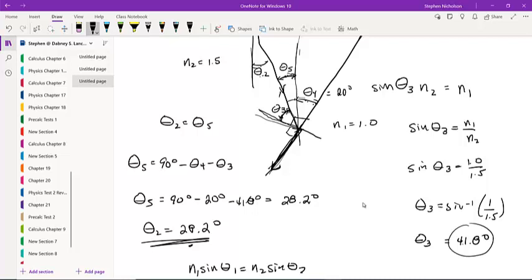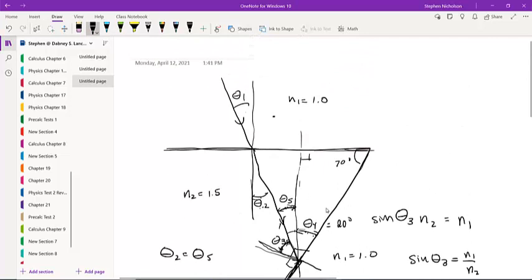So what's going to make this thing have total internal reflection? Is it a smaller theta 1 or bigger theta 1? Well, if we make this smaller, this is going to be even smaller, which actually is going to make this angle big. It's going to make this angle smaller, which makes this angle bigger, which means it's going to be more likely to internally reflect.